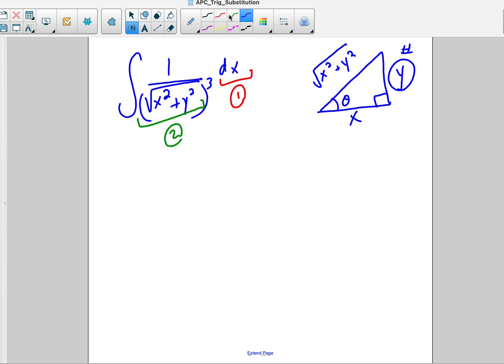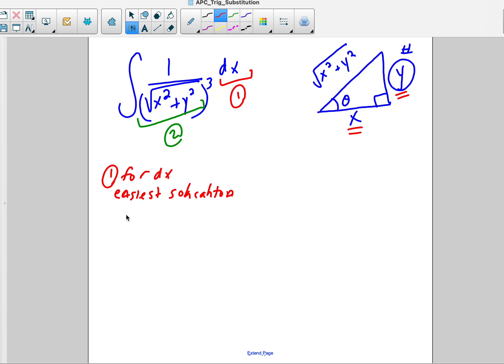The rules for replacing the dx are that I want to pick the easiest equation, like the easiest SOHCAHTOA, of the equations, which in this case is going to be my x and my y, because I have to differentiate to get dx, and I don't want to pick a thing that's going to involve a quotient rule. I don't want to pick a thing that's going to involve a chain rule with that square root, so I want to pick the easiest possible version of this.